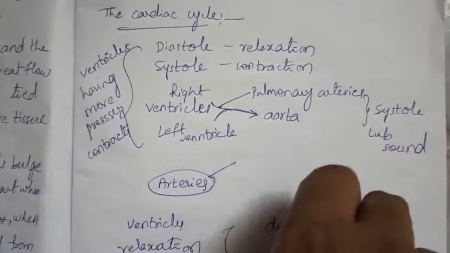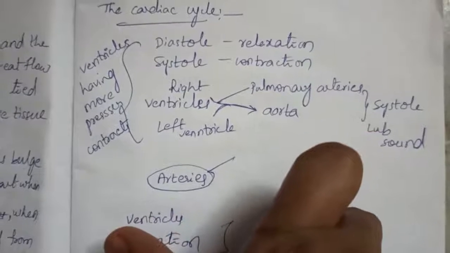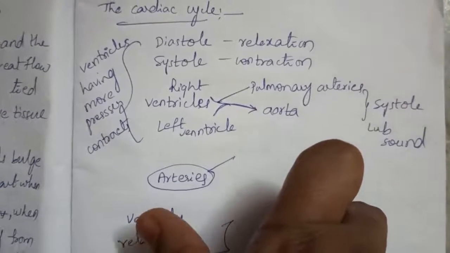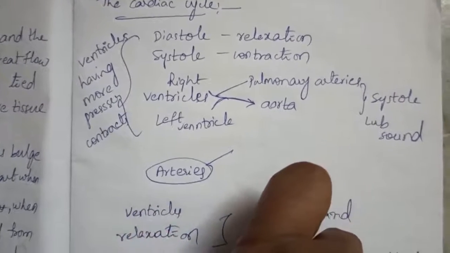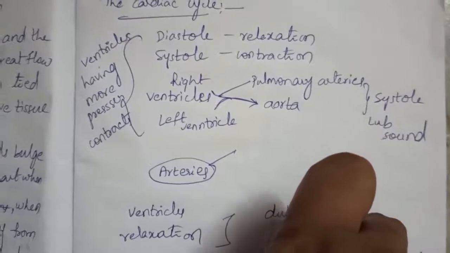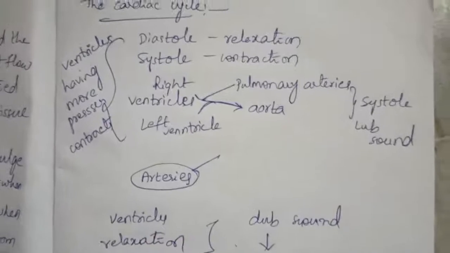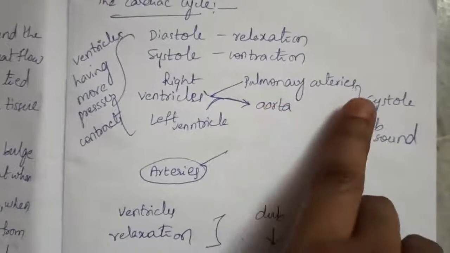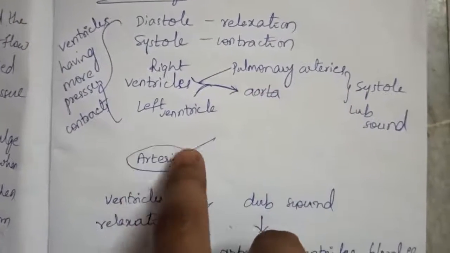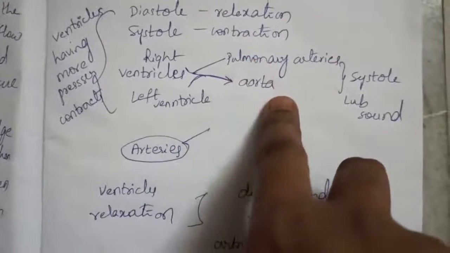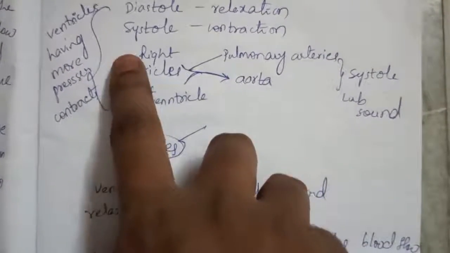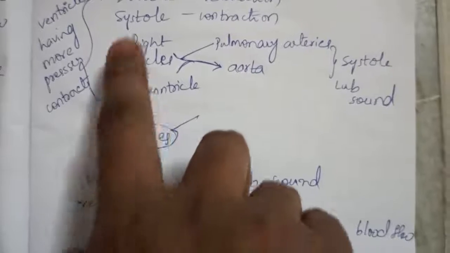While the blood enters the ventricles, it goes to the right ventricle and left ventricle. We have discussed that blood circulation. The blood goes from the right ventricle to the pulmonary artery and from the left ventricle to the aorta. At that time the two ventricles are in the contraction stage.